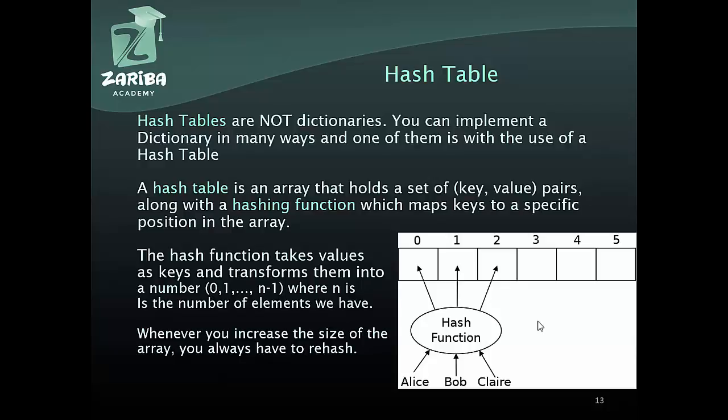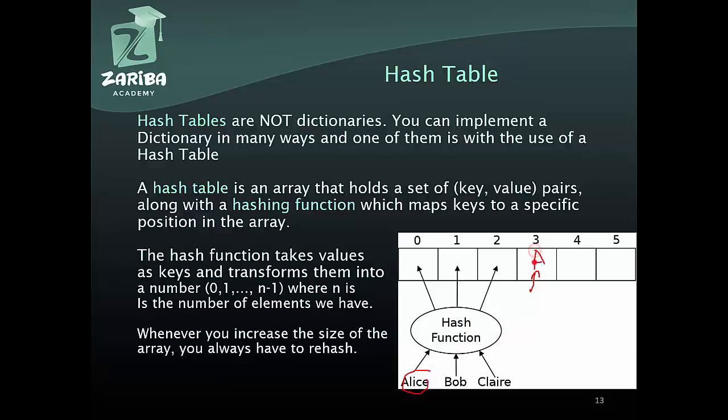Yeah, so this happens every time you add an element. You calculate its hash, and then you map it to a specific index. So let's say that first we have Alice. At first we have an empty hash table, and we add Alice first. The hash function gives a value, let's say 3.